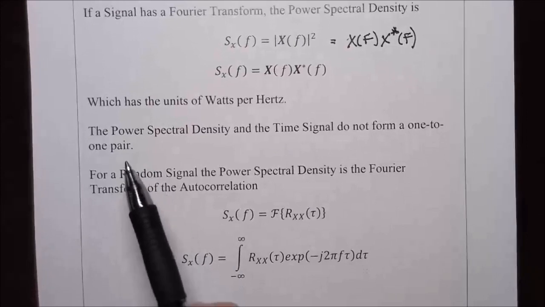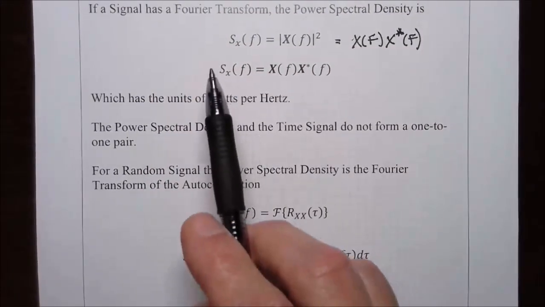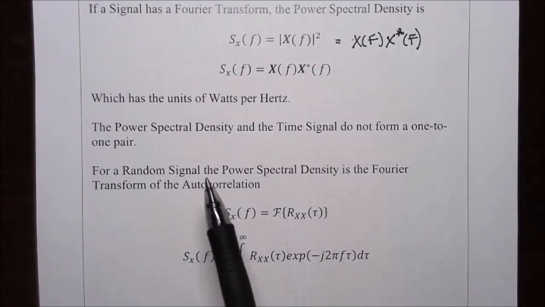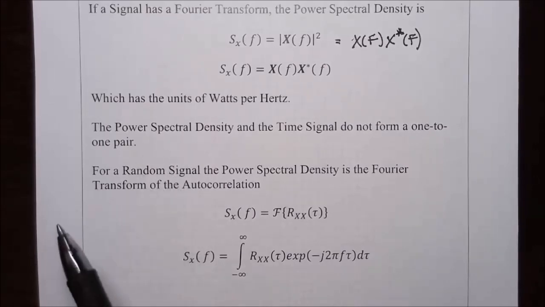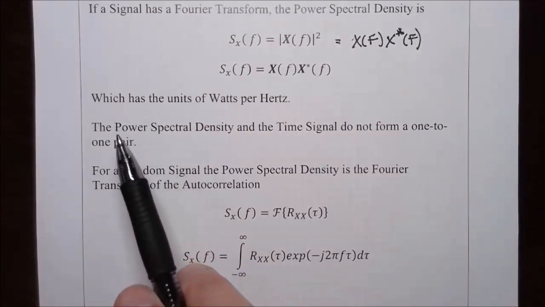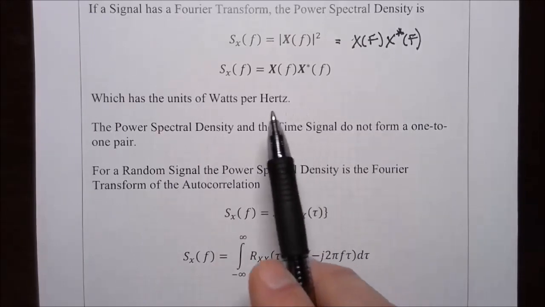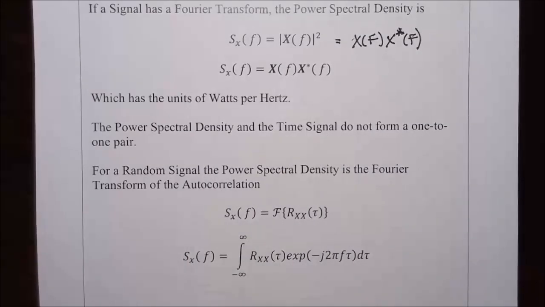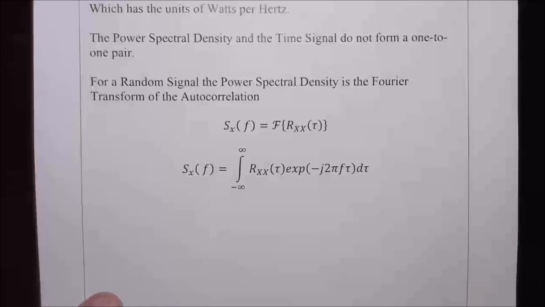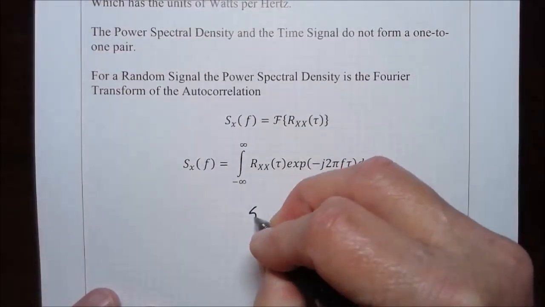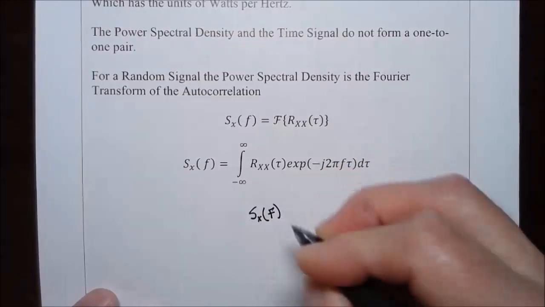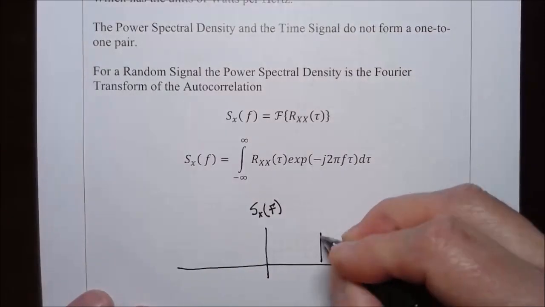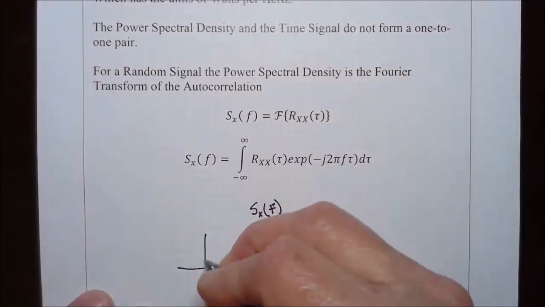Now it turns out the power spectral density and the corresponding time signal do not form a one-to-one pair. So if you're given a power spectral density, you cannot tell precisely what the time signal was that produced that power spectral density. And to illustrate this, let me plot a sample power spectral density, and this is what I want the example power spectral density to look like.